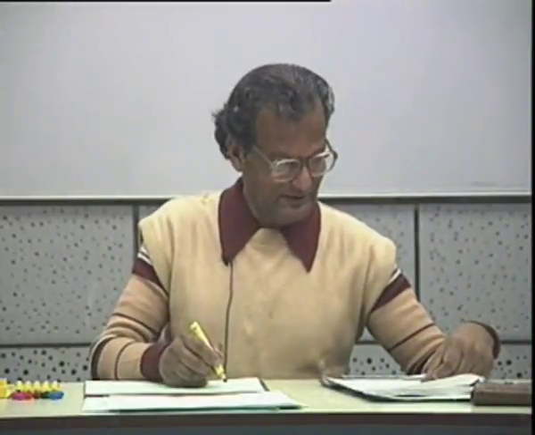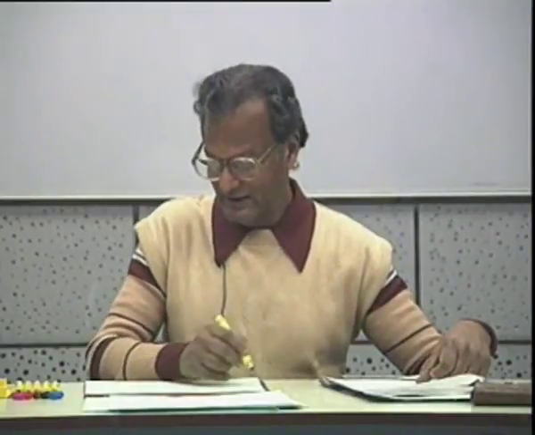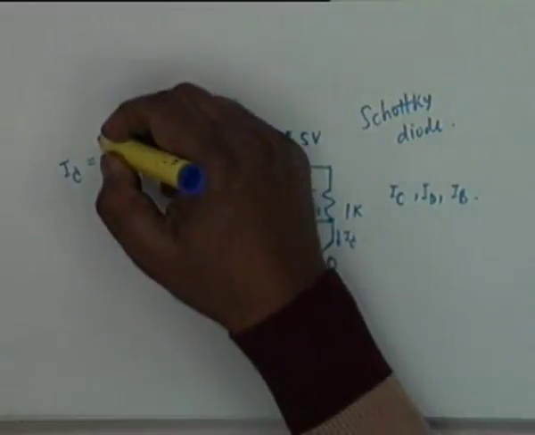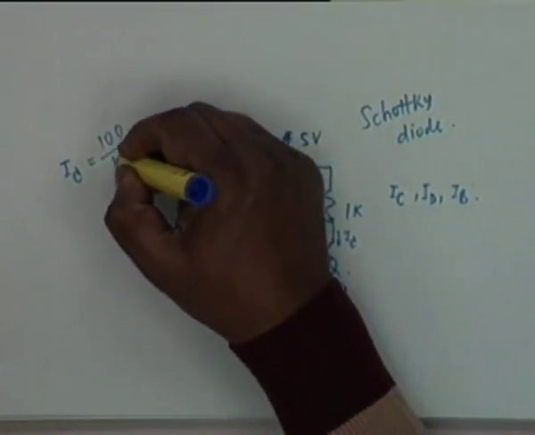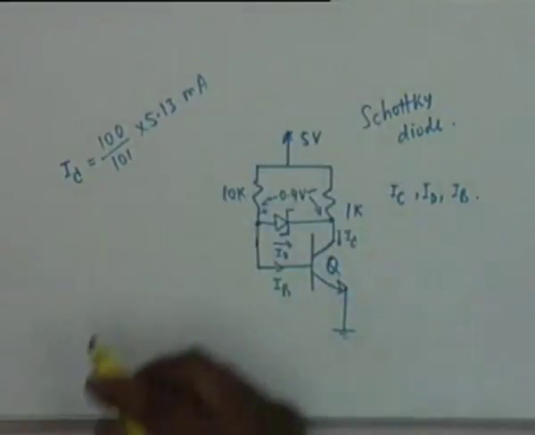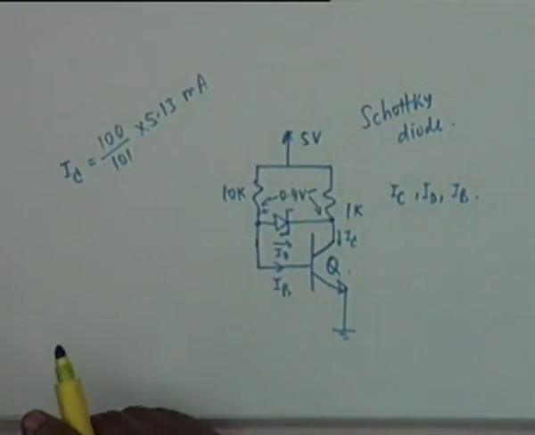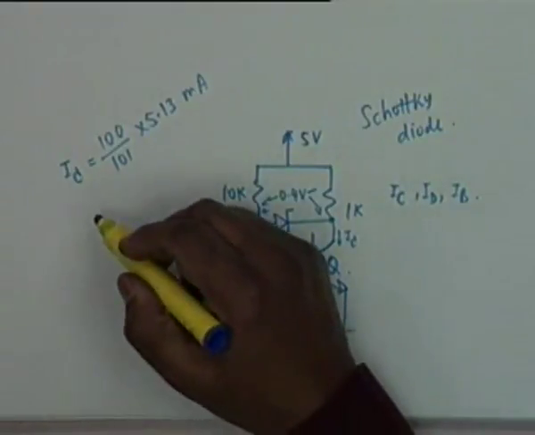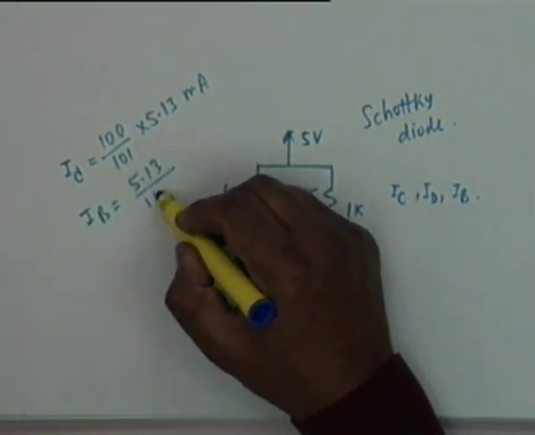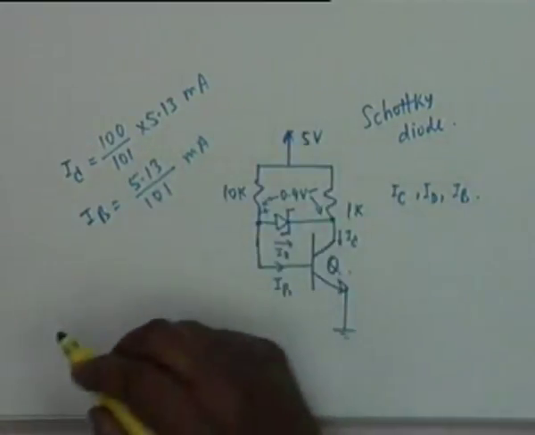Okay. My solutions are: I sub C, no, I was too lazy, I didn't put them in the calculator. It is 5.13 milliamps. I sub B is equal to 5.13 divided by 101 milliampere, since beta is 100.